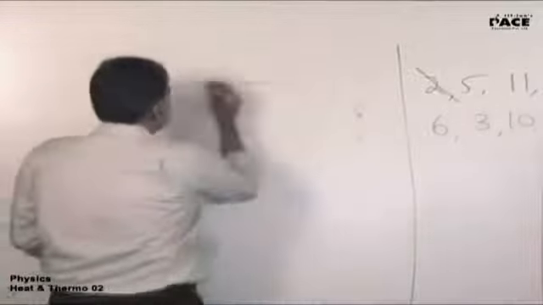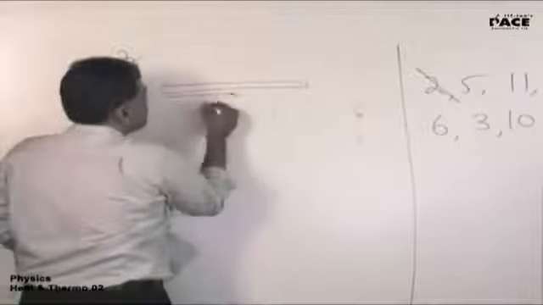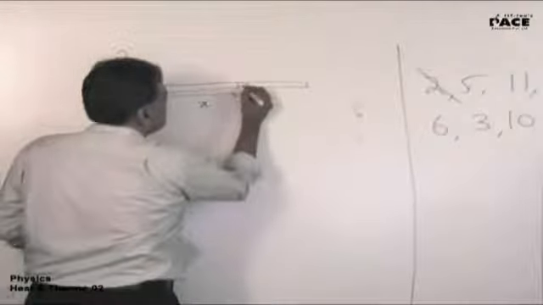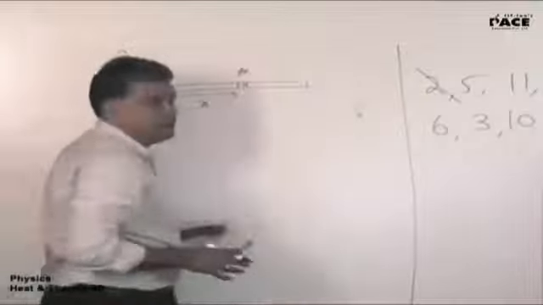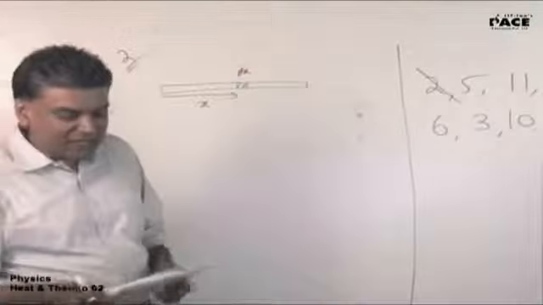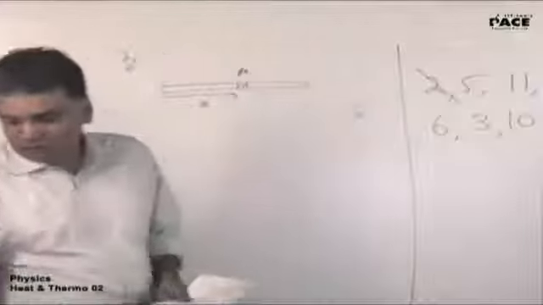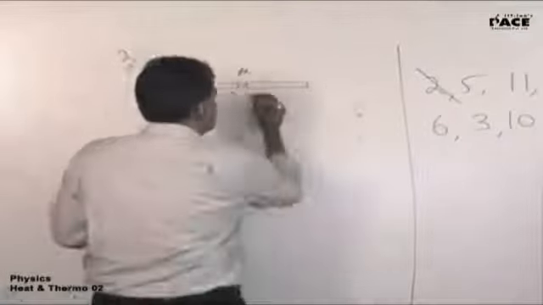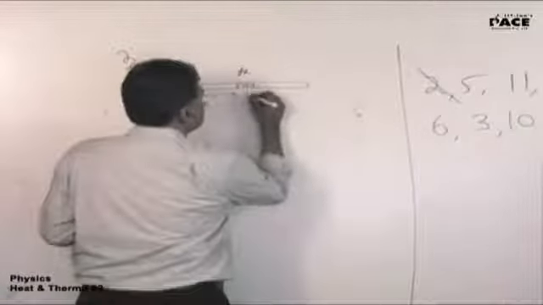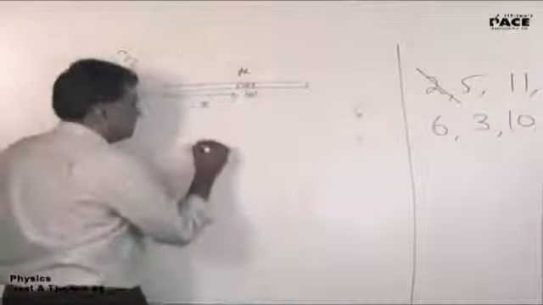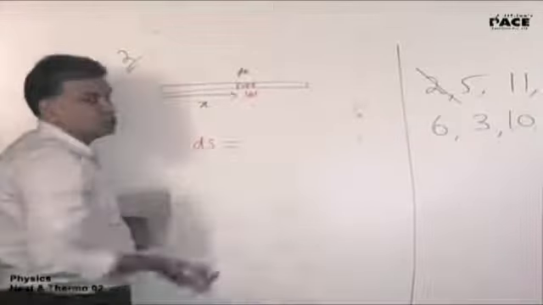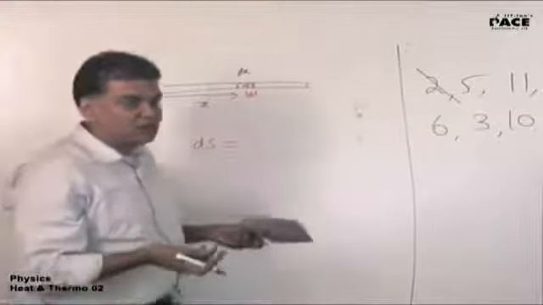If you look at the rod, at any distance x, if you take a small element dx, this dx will expand by some amount. Let me call that stretch ds. I'm using a new symbol s because x is already involved.